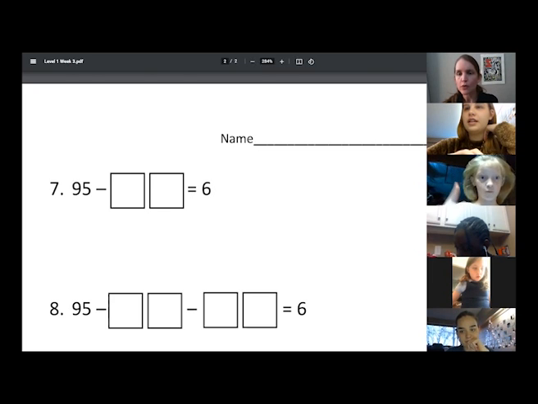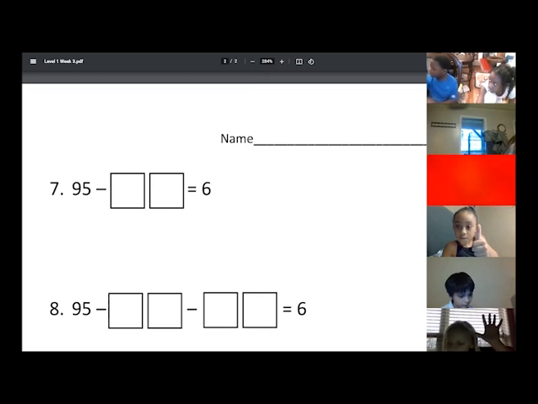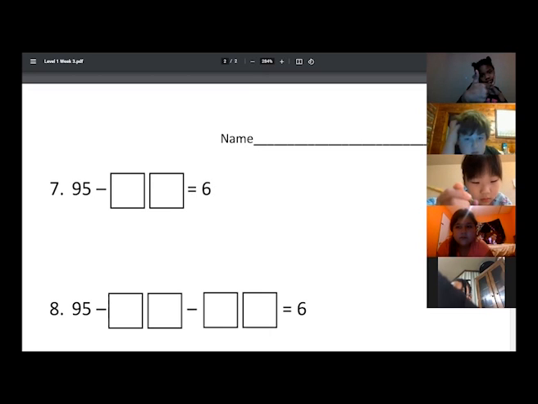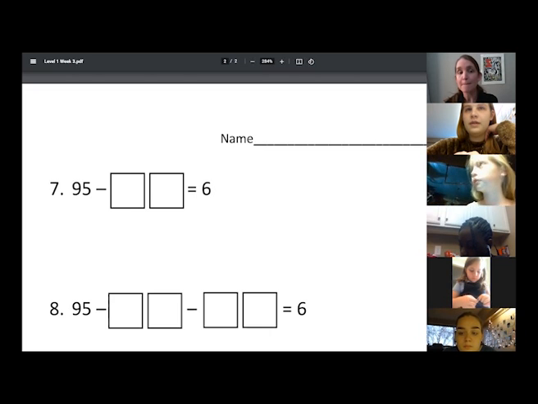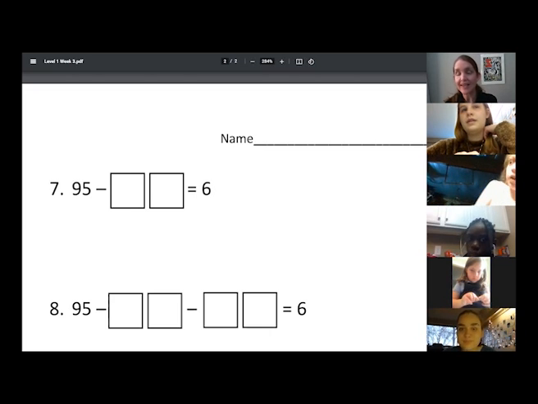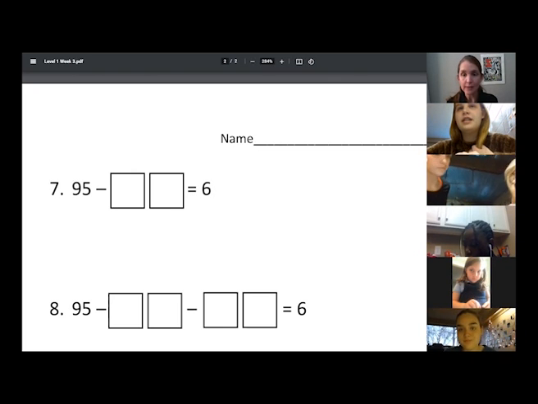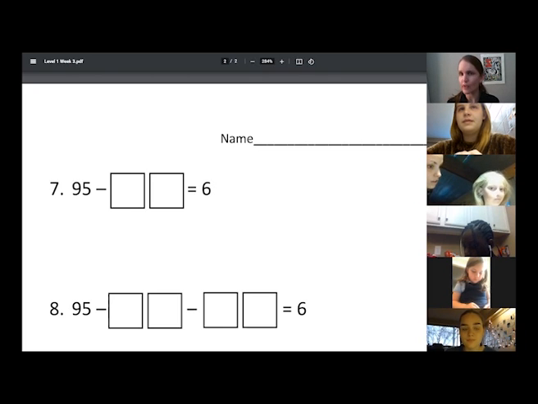I'm ready. One thing is, I don't know, Shelby and Victoria, if you're using the strategy of fact families, but if a student's unclear on number 7, you might rewrite it as 95 minus 6 equals blank blank, because they're a family. And that might be how some kids learned it.